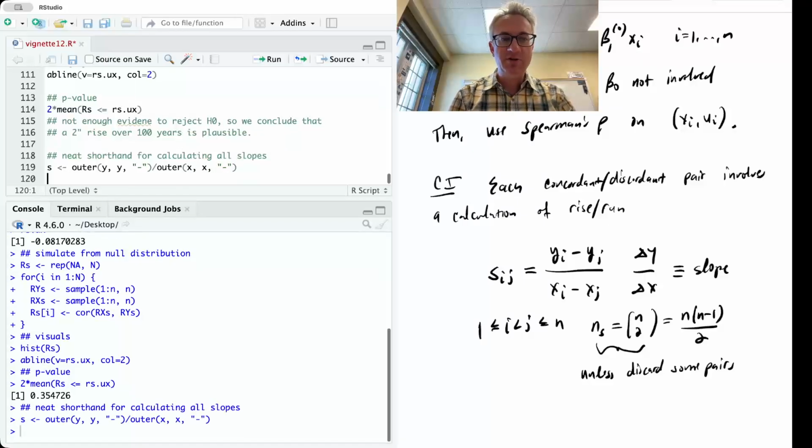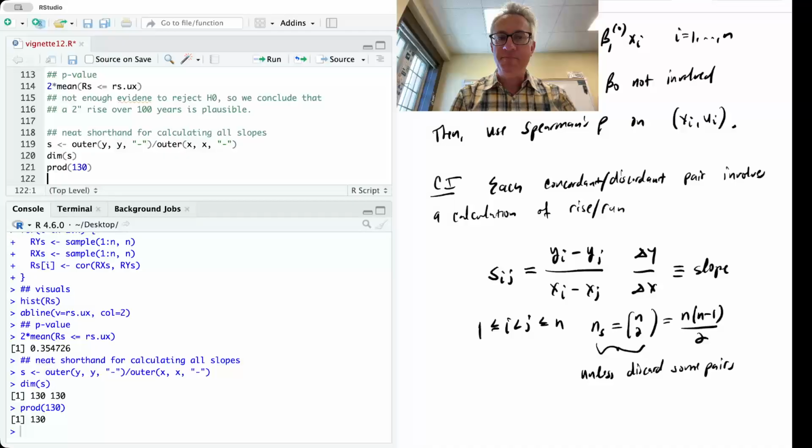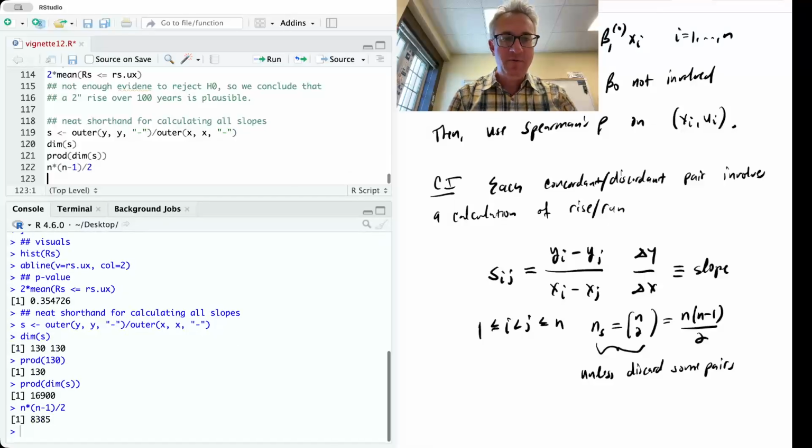So this is a nice shorthand to calculate all 130 pairs of differences between x and y. But it overcounts. It makes a matrix that's 130 by 130. This doubles the number of pairs as what we get if we do n times n minus 1 over 2.